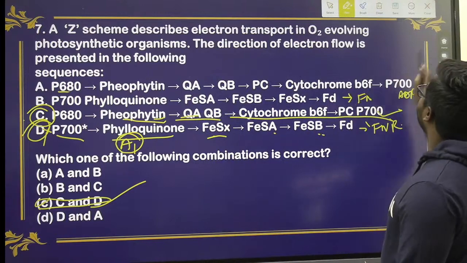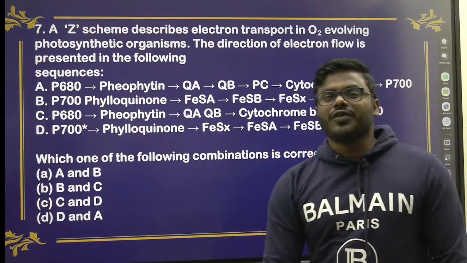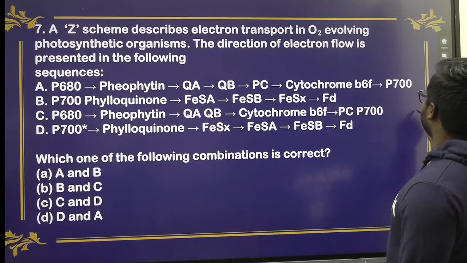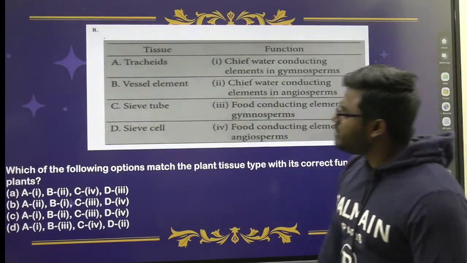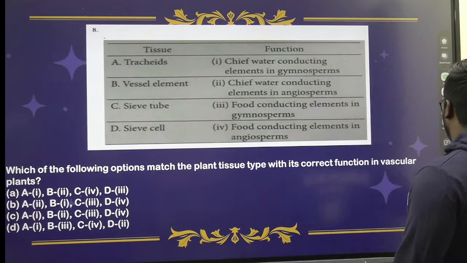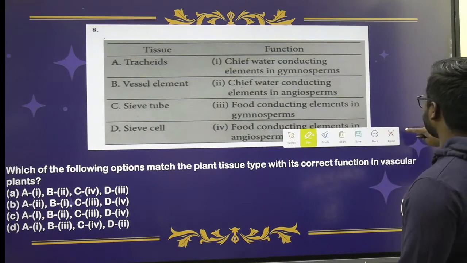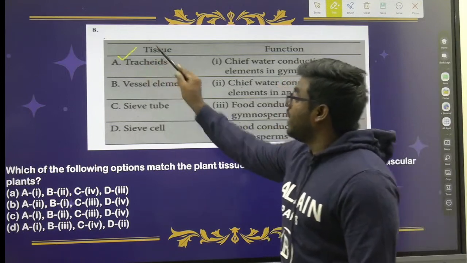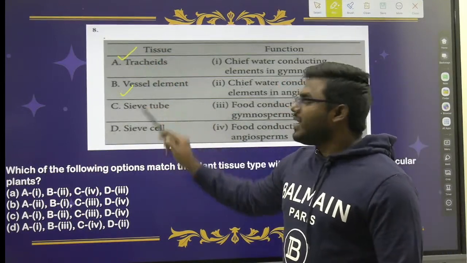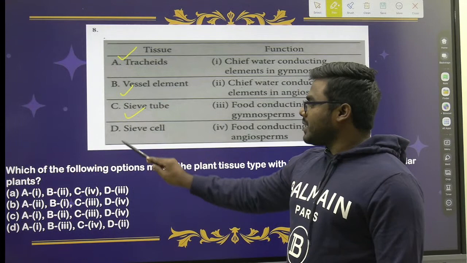Okay, get ready for question number 8. Okay, your time starts now. One minute. Okay, I'll read this if anyone is unable to see here. Tracheids, vessel elements, sieve tube, sieve cell.